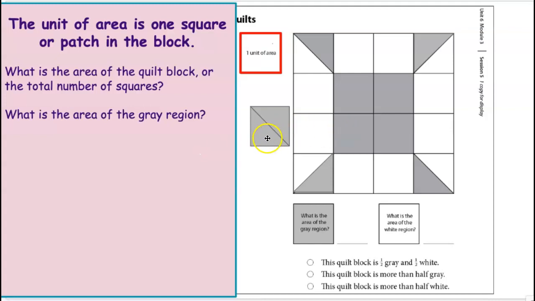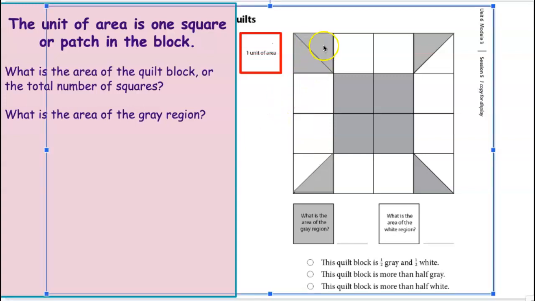So what I'm thinking about here is how I could take two triangles and turn them into one whole unit.